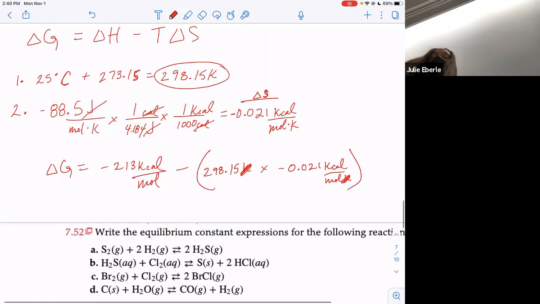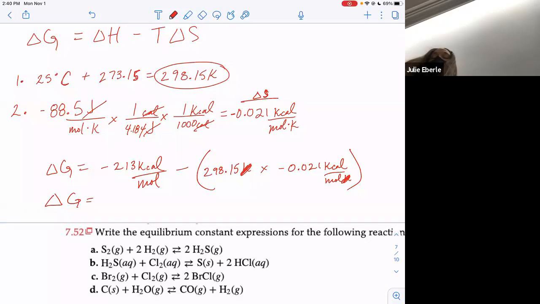So what do we get overall for our delta G? Anybody?